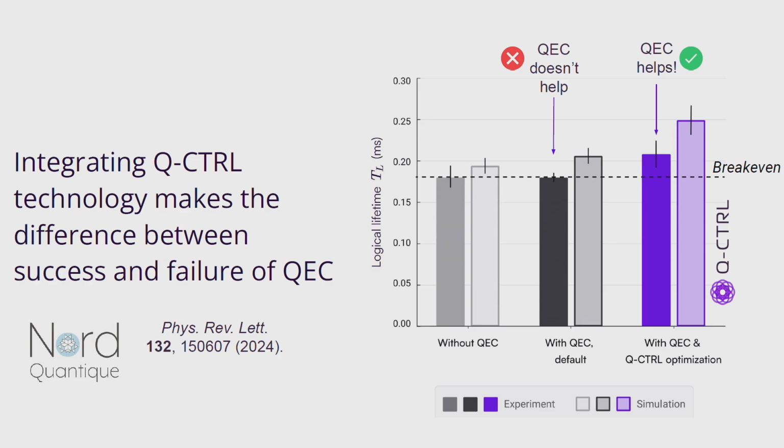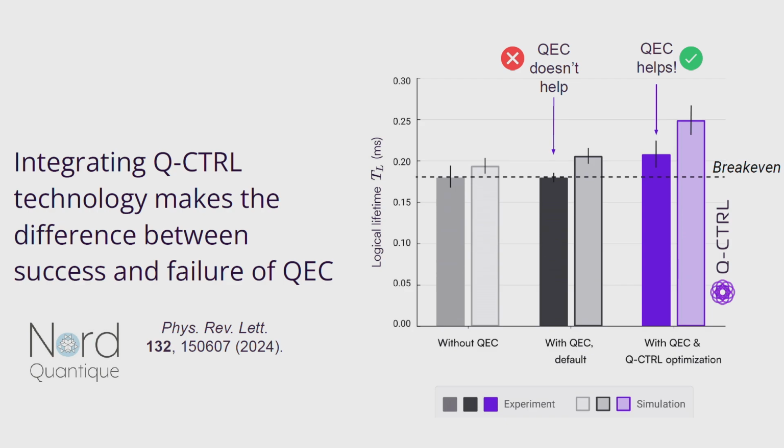And this is not just a nice idea. We have some of our customers from Nord Quantique in Canada, where they work with bosonic qubits and superconducting devices, and they implemented the error correction, and they showed that when they combine the error correction with our error suppression techniques, they can actually surpass the break-even point.